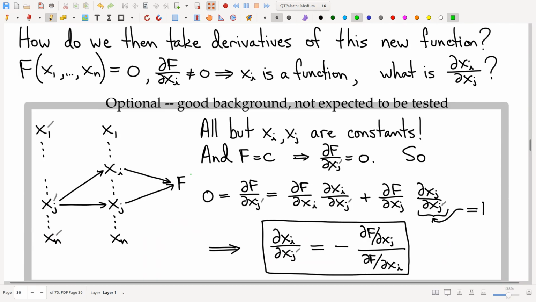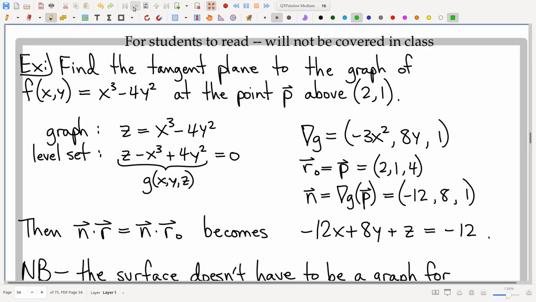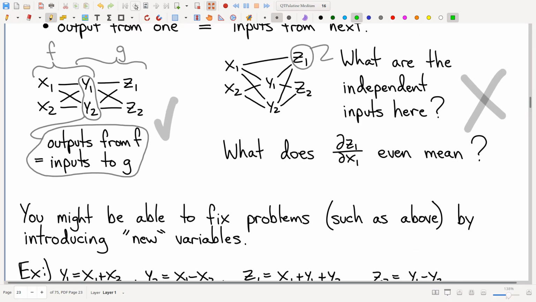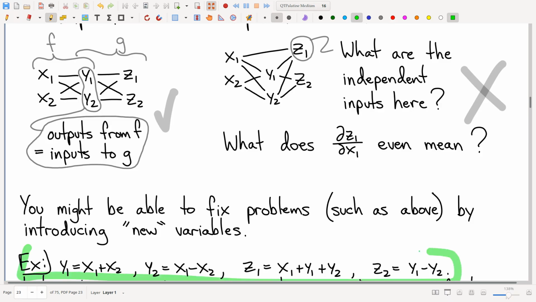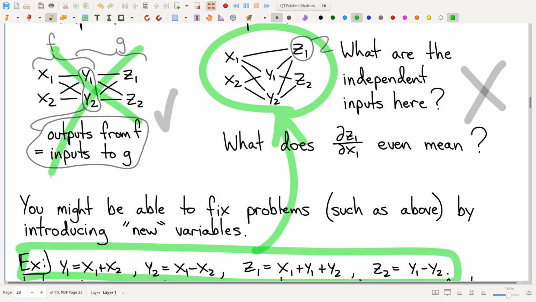And if you really want to get strict and proper about it, this is a little bit annoying: you've got to define some new variables, x1 prime, x2 prime, etc., like this. Why do you have to do this? Well, y'all may recall way back when we were doing the chain rule, I made this gripe: when you have a bunch of algebra written down, if that algebra gives rise to a diagram that is not a composition of functions, then we don't have a chain rule to do business with.